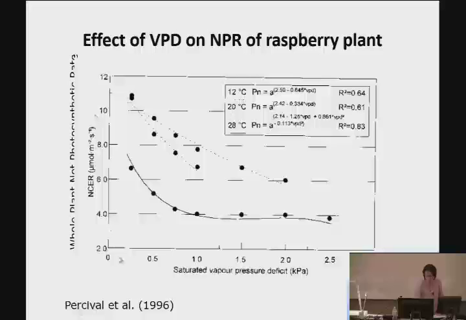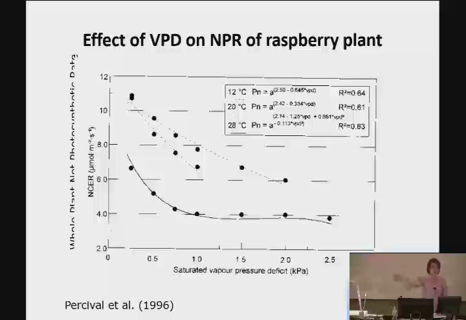And now this figure looks more meaningful because this is kilopascal saturation vapor pressure deficit. So this is VPD. And this is, again, raspberry plant net photosynthetic rate going down at around 0.5 kilopascal, which is quite a nice VPD for growing tomato and other crops, but this particular crop seems to be very sensitive to vapor pressure deficit.